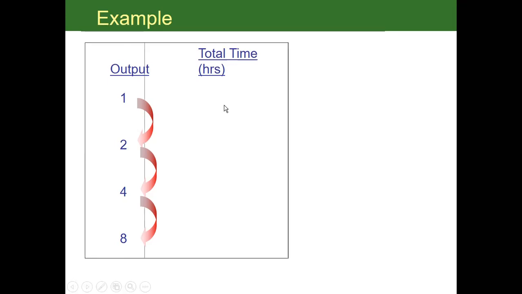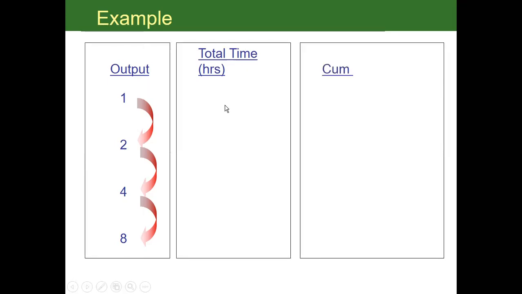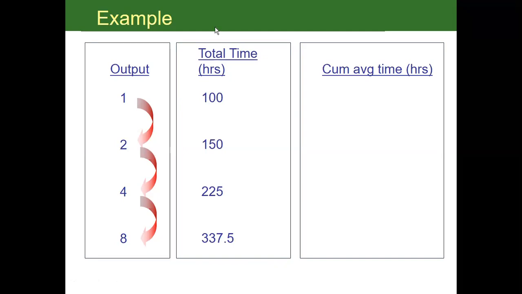So let's suppose that as the output doubles, 1, 2, 4, 8, I'm doubling the output. So you have the total time taken and the cumulative average time per unit in hours. If 1 unit takes 100, logically 2 units should take 200, but 2 units are taking 150 hours only because of the learning curve impact.